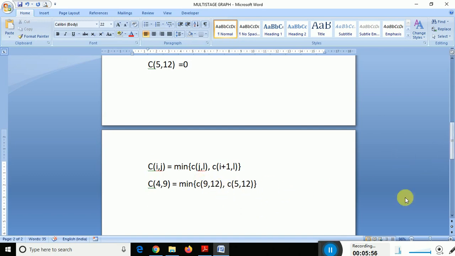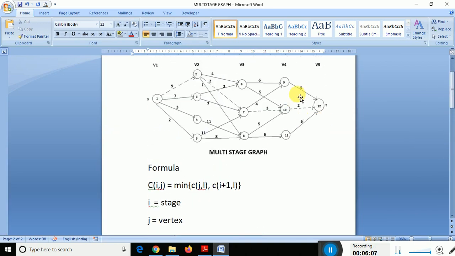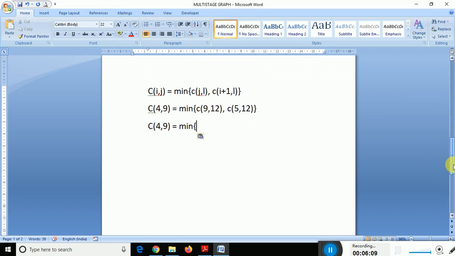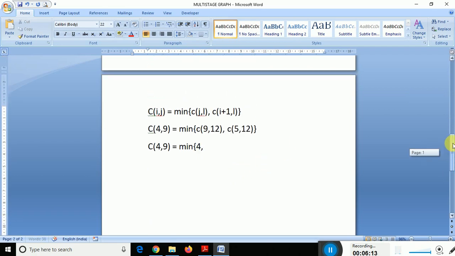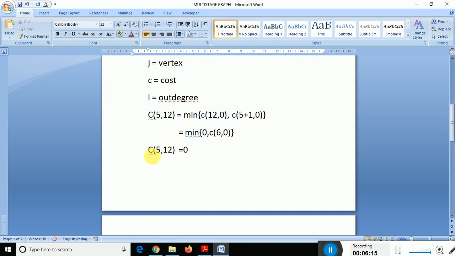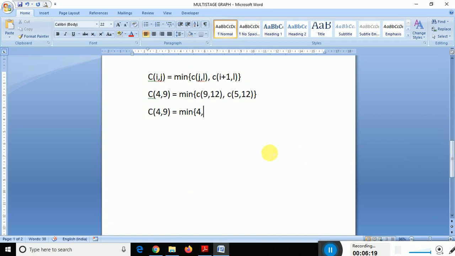Okay, so when we do it like this, the cost of 9 comma 12, what is the cost of 9 comma 12? It is 4. So I have written 4. And cost of 5 comma 12, here we have to check the previous one. Cost of 5 comma 12 is 0.